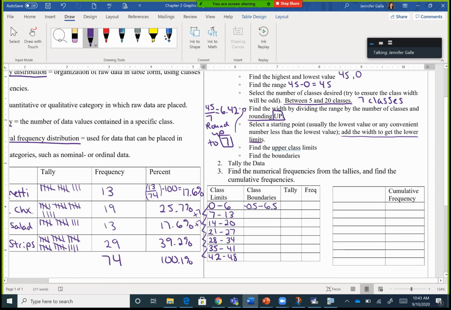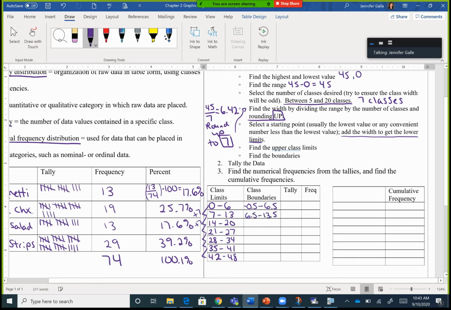As long as you always choose whole numbers for your class limits, which you should, even if your values are decimals, make your class limits whole numbers. Subtract a half off the lower, add a half to the upper. Then do the same thing all the way down.